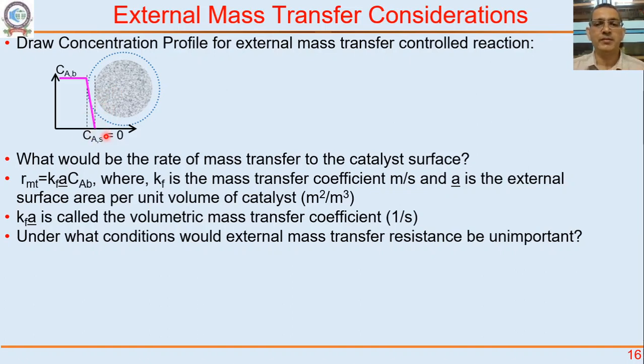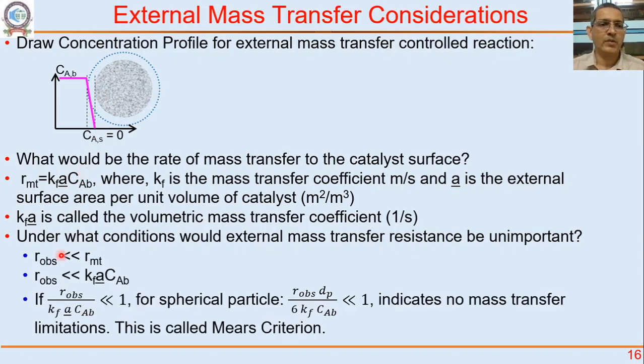Understand all these things. So now we can compare this kcA CAb with our observed rate. If our r observed is far less than r mass transfer, then what does it tell you? Mass transfer is not limiting. So if r observed is far less than kcA CAb, then there is no mass transfer limitation.